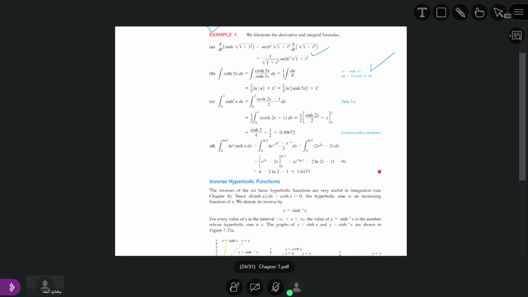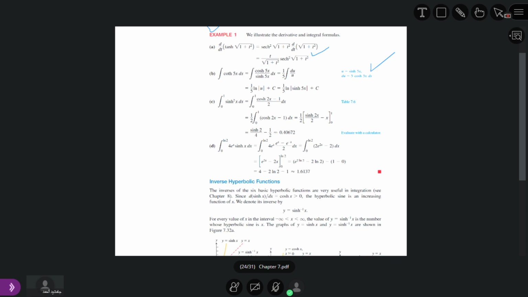We need cosine hyperbolic 5x, so we divide both sides by 5. So 1 by 5 du equals cosine hyperbolic 5x dx. Thus, our given integral is converted in this way: 1 by 5 integral of 1 over u du.